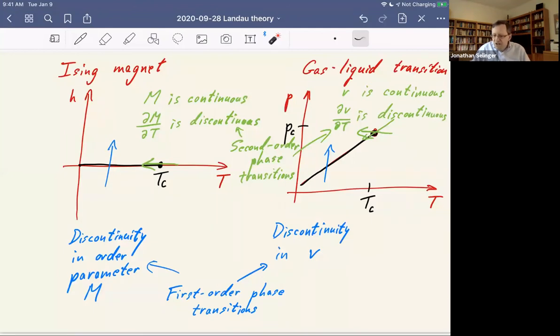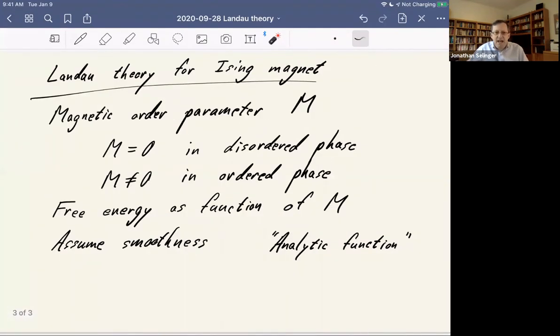But we want to say that the not smooth behavior is the output of the theory. It's not the input into the theory. We want all the input into the theory to be smooth functions. And then we want to say, well, how could the output of the theory possibly be something that's not smooth? Right? So that is what will give sort of restrictive predictions.